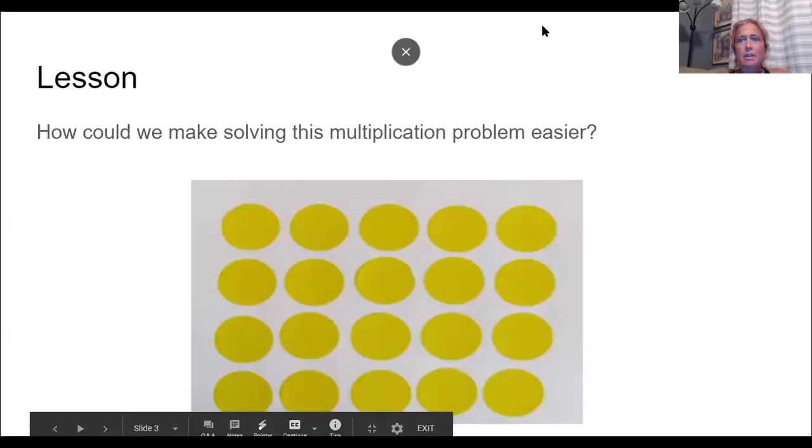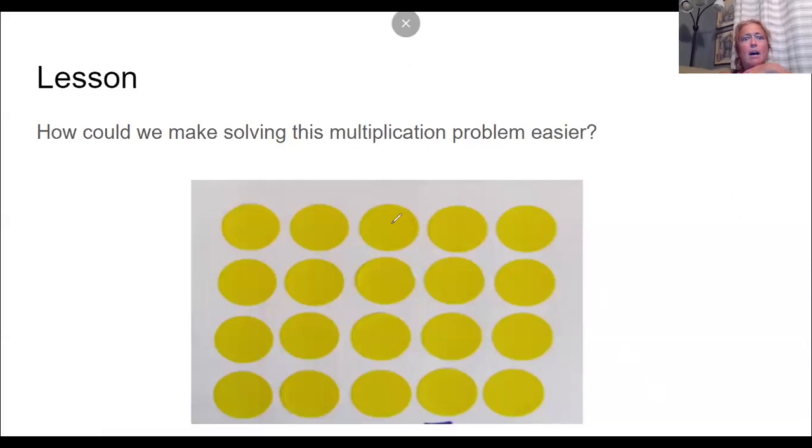Now, how could we make solving this multiplication problem easier? This is a rather large array that we're having to figure out the multiplication problem for. So the original multiplication problem would have been the number of groups times the number in each group.